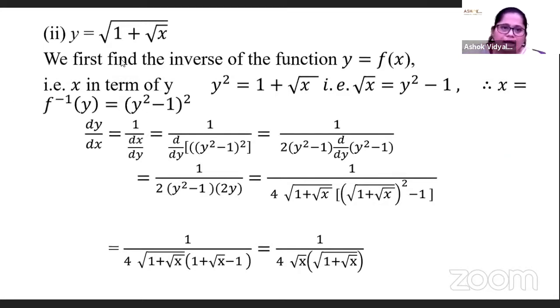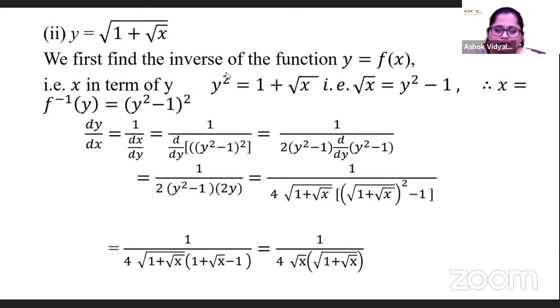Here function y is under root 1 plus root x. We first find out the inverse of the function y. Function y is f of x, that means x in terms of y. Now y is equal to under root 1 plus under root x.